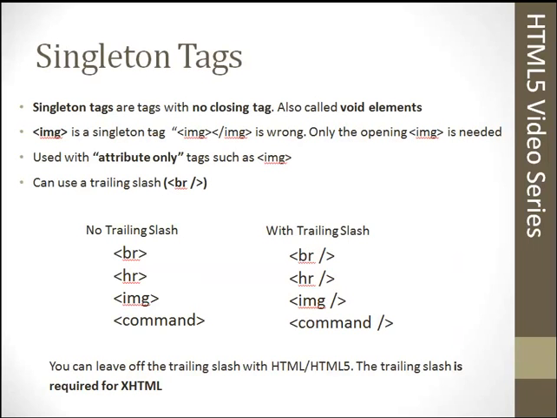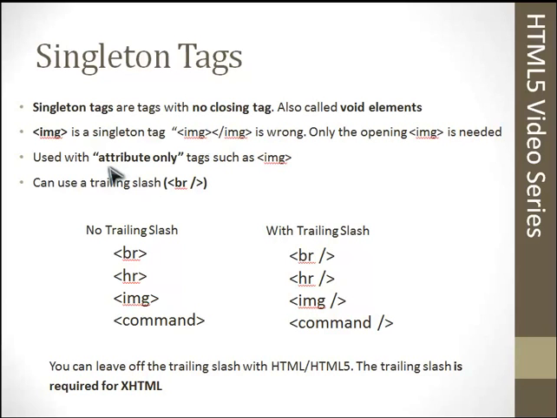Singleton tags are tags that do not have a closing tag. They can also be called void elements. An example of a singleton tag would be the image tag, the img tag. This right here, img open tag, img close tag, is wrong. Only the opening img is needed.